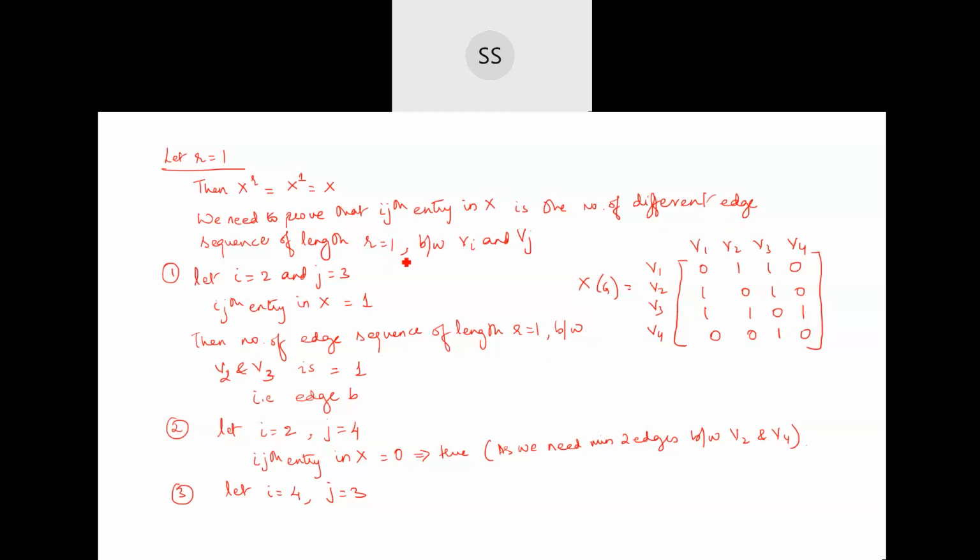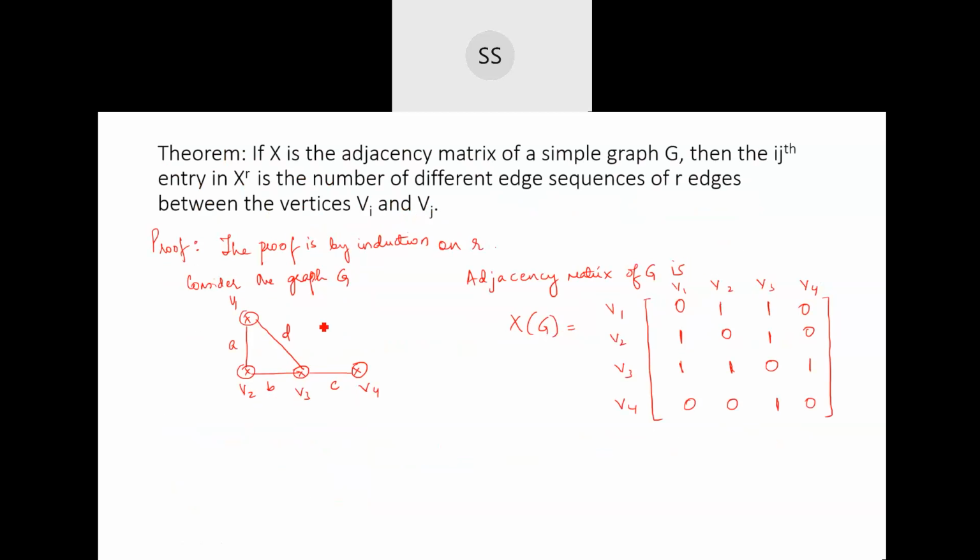In this case we have just a single possibility: between I equal to 4 and J equal to 3. To connect V3 and V4 with a single edge, there is only a single possibility.